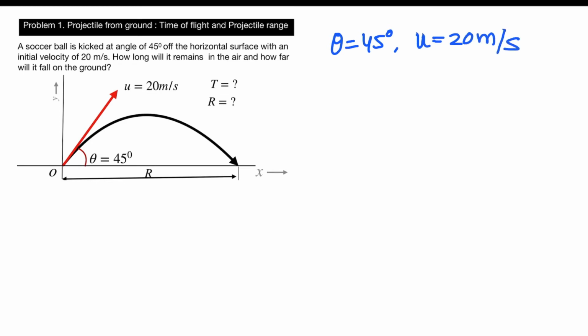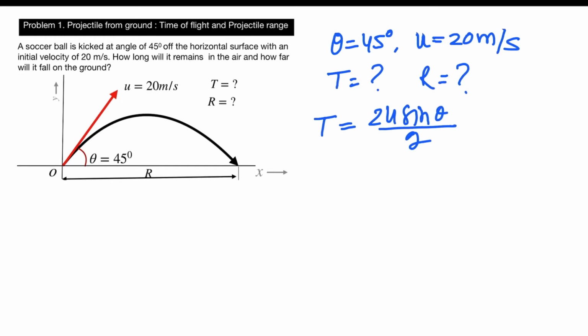And now we have to find out how long it will remain in the air. That means the time of the flight T, and how far it will fall on the ground means range R. So time can be calculated by analyzing the vertical motion, and the time of the flight T, which we calculated in the initial part of this video, is equal to 2u sine theta by g.